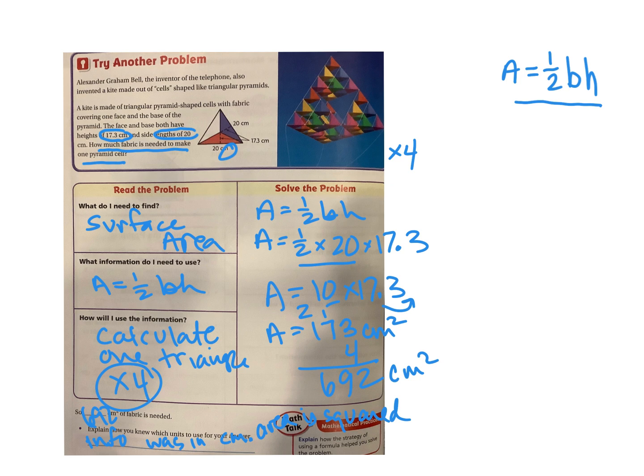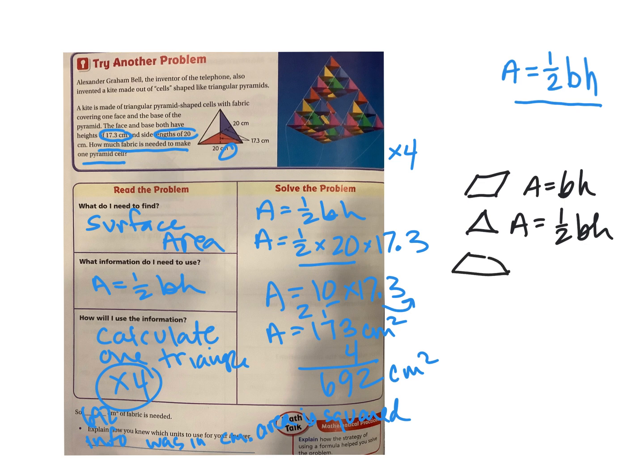You may want to write down these formulas just to have them handy. Area of a parallelogram in case you come across that. Area of a triangle if it's not memorized yet. Area of a trapezoid, pretend that's a trapezoid, sorry, that's very sloppy, you understand what I'm after. 1/2 times base 1 plus base 2 times height.